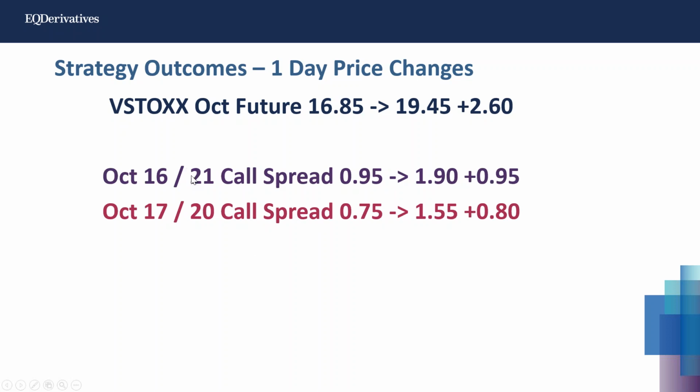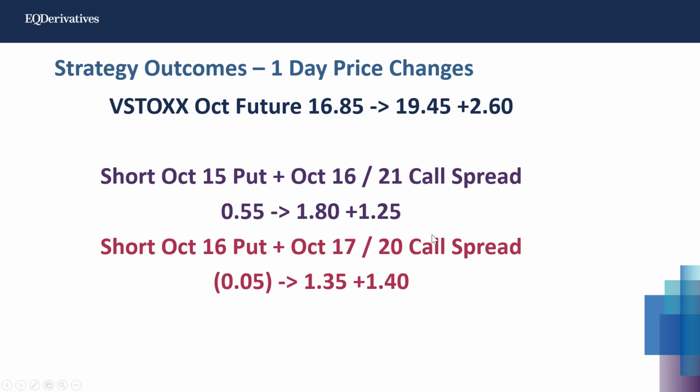The 16-21 call spread had a 100% gain. You're not supposed to quote percent gains on one-day moves, but the call spread moved from 95 cents to $1.90. The 17-20 call spread moved from 75 cents up to $1.55, a little more than a double.